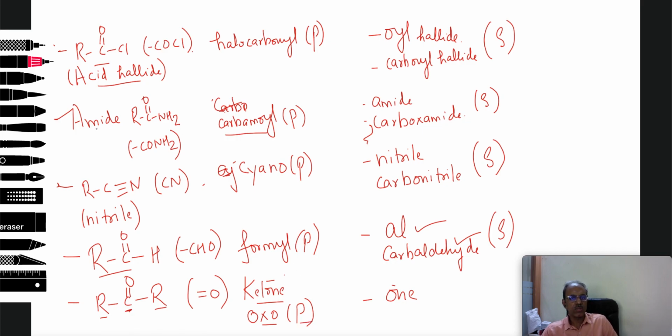Just take a note of everything. Now we will carry forward to other functional groups.